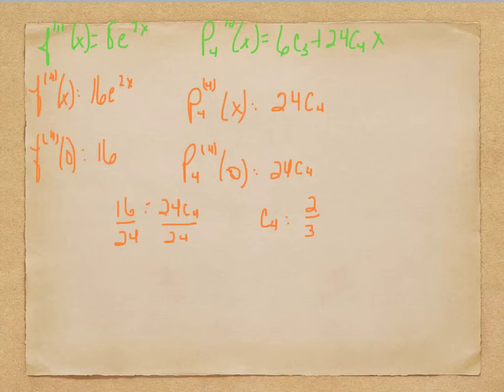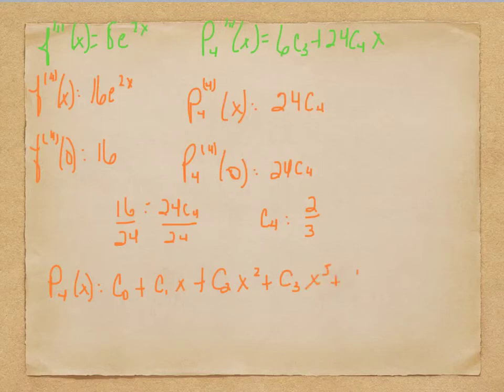And now we just finish up by putting in all of our values for c sub 0 through c sub 4. Our fourth degree power series would be given by, remember we said it's c sub 0 plus c sub 1 x plus c sub 2 x squared, c sub 3 x cubed, c sub 4 x to the fourth.